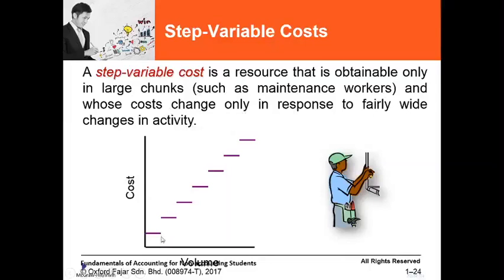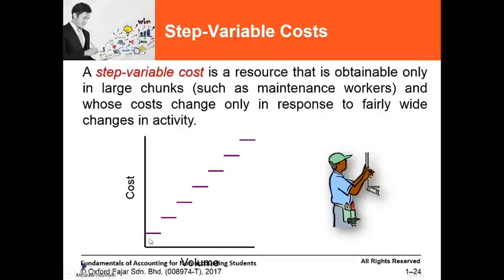Let's say if you are producing 1,000 volume of product, you need only 2 maintenance workers. Meaning that as long as you are producing below 1,000 products, you only have to hire 2 maintenance workers. Let's say the salaries of 2 maintenance workers equal 3,000 per month.